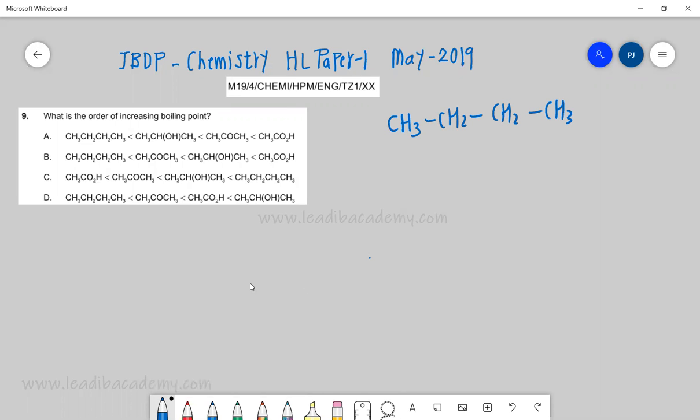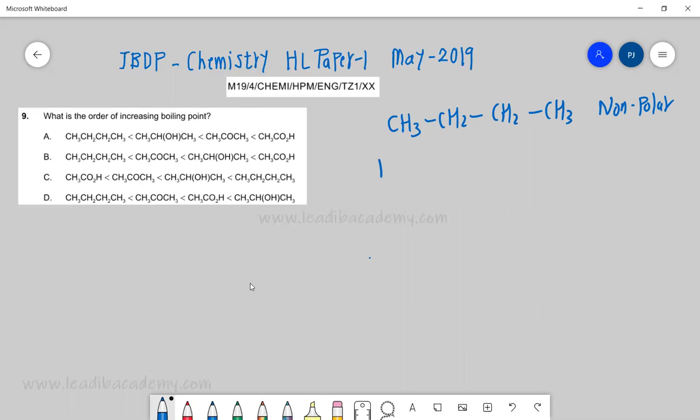It is non-polar, because we know in the case of alkanes there is only carbon and hydrogen. There is no electronegativity difference, so these are non-polar. Boiling point is all about how strongly two molecules can stay together, whether there is any strong attraction, IMF.